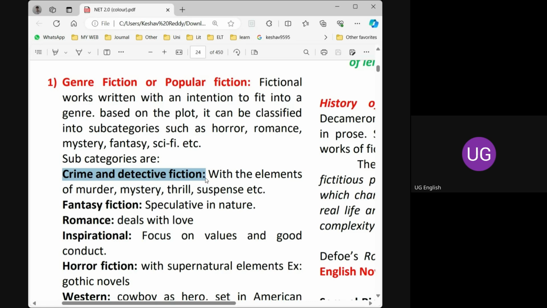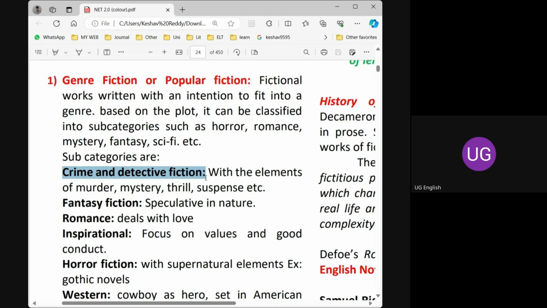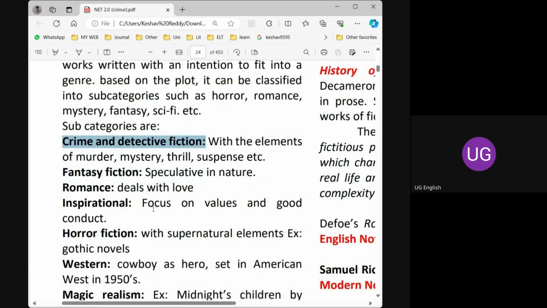Crime fiction and detective fiction are based on mysteries, murders, thrill, and suspense. Fantasy fiction is purely imaginative. Romance, we all know, is based on love. Inspirational is conduct books, code of conduct, good behavior.